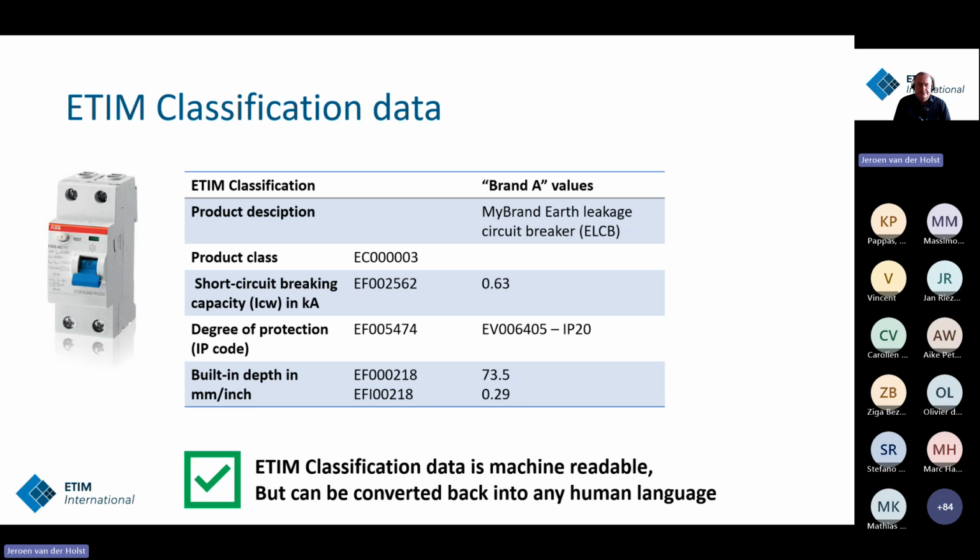Because if we classify this product according to the ETIM classification, we just tie a product class code to our product ID, and then for each feature in the list, we fill in the values. And all these values are tied to codes. What the computers exchange with each other are these codes and these values, but not any language-dependent description.